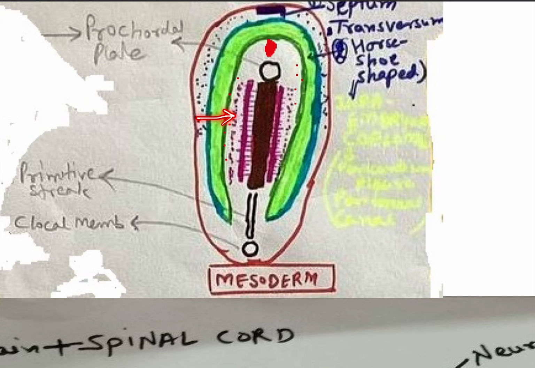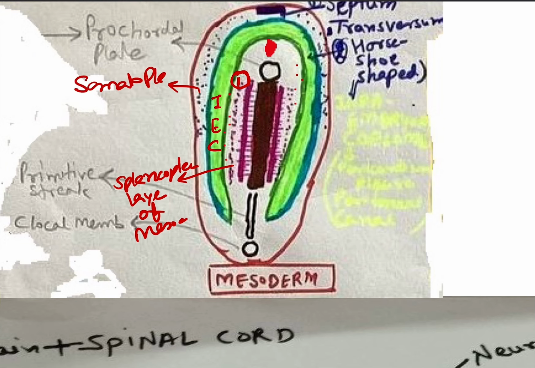And this whole part is the lateral plate mesoderm. This lateral plate mesoderm gets divided into two parts through a coelom. This is the intraembryonic coelom. The first part, which is internal or towards the endoderm, is known as the splanchnopleural layer of mesoderm, while the outer part, which is toward the ectoderm, is known as the somatopleural mesoderm.